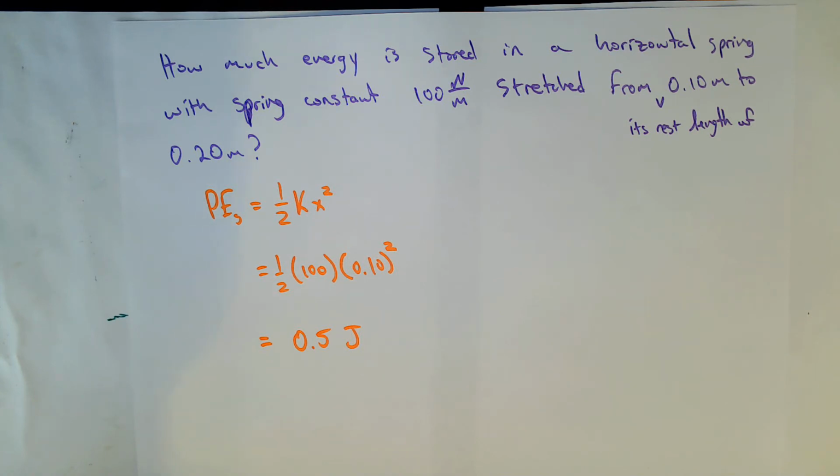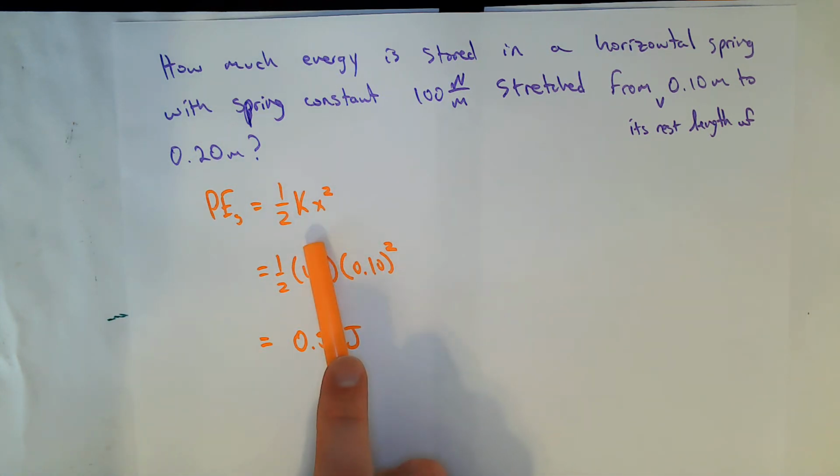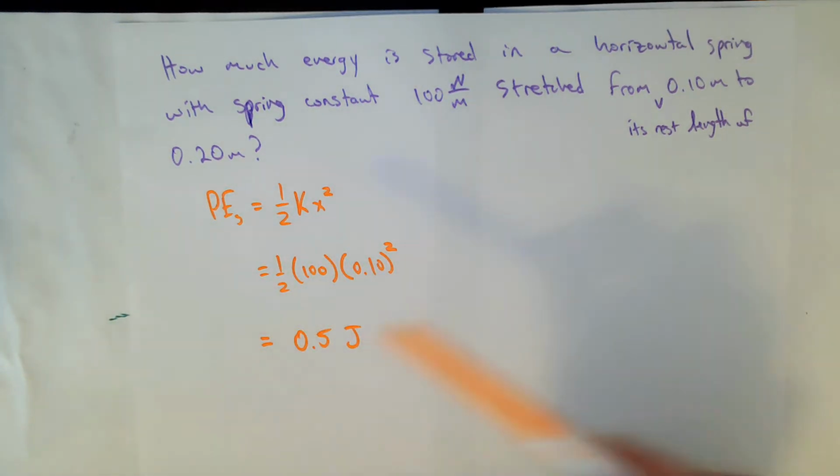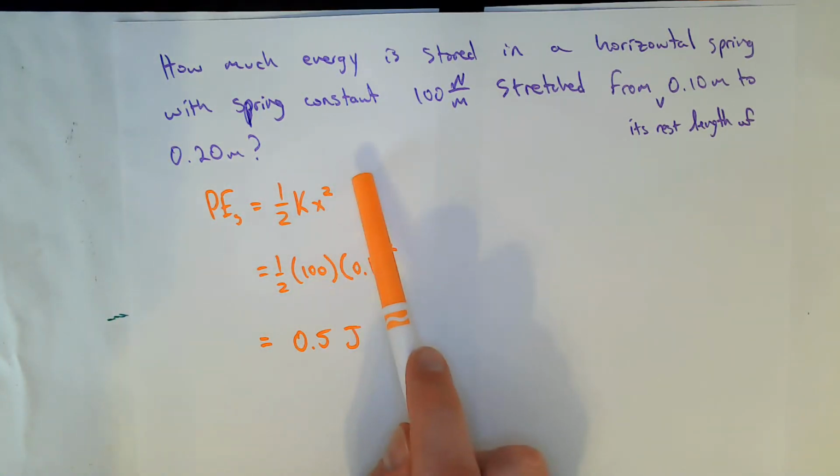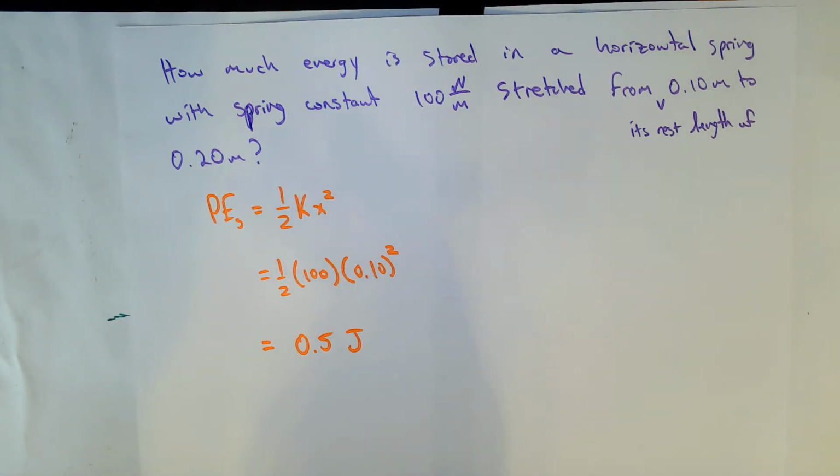Because k will always be positive, and x, even if x is pushed into the negatives, is getting squared, so x will not be contributing any negatives here either. So spring potential energy is always positive. The force, though, can be negative, right? The spring force, but the energy from the spring is positive here.